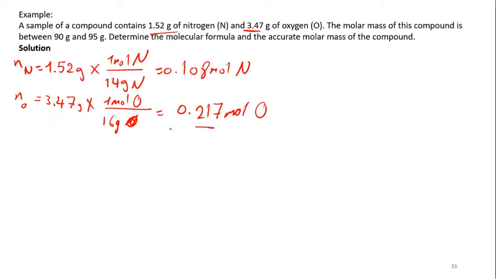From that we could see that the ratio between N and O is equal to 0.108 to 0.217. So if I divide this one by 0.108, and this also by the same number, 0.108, this means the N would be 1, and the oxygen, on the calculator, will be approximately 2.